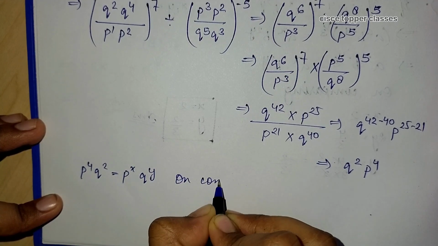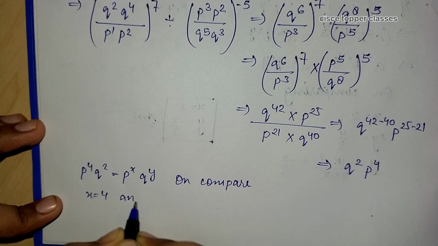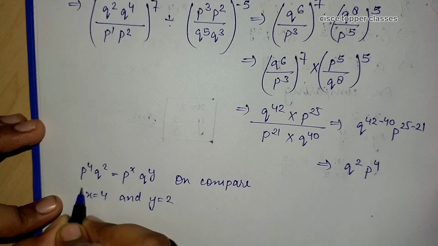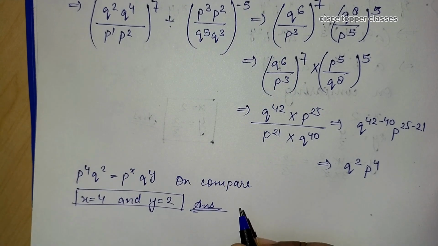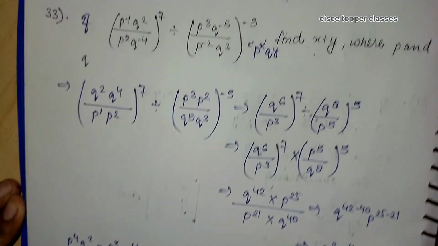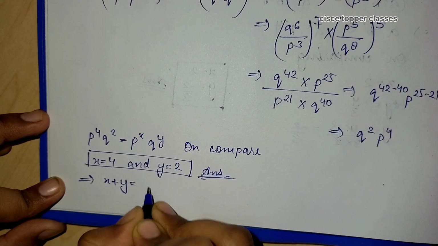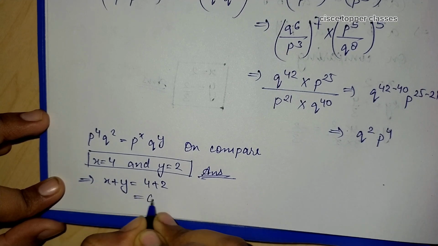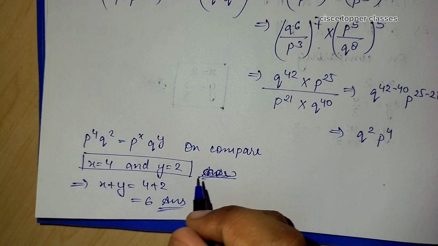So here we compare the powers: x is equal to 4 and y is equal to 2. The question is asking to find x plus y, so we simply add these: x plus y equals 4 plus 2, so 6 is the final answer.